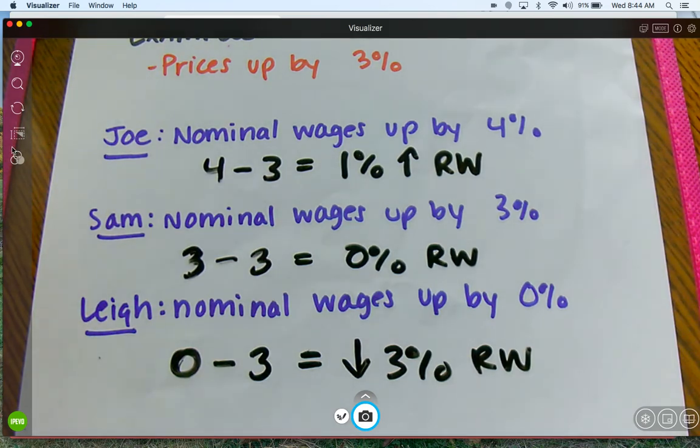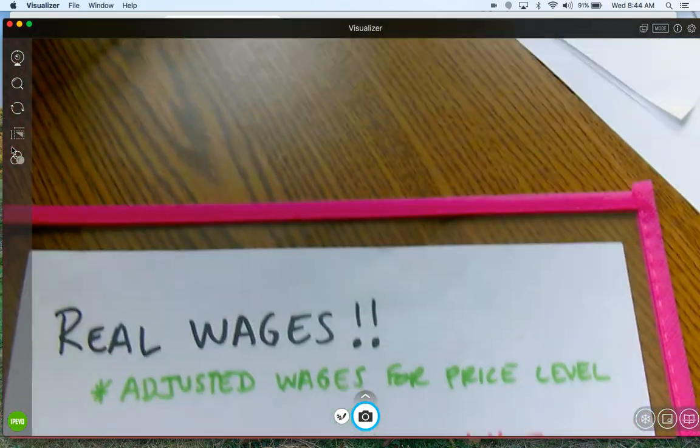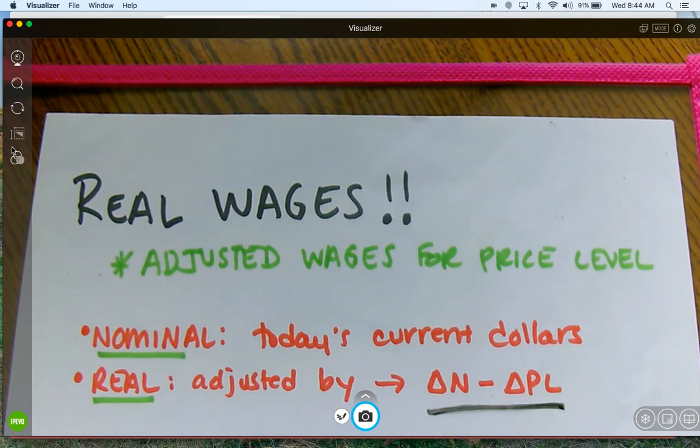So again, when we go back to this concept of real wages, we're talking about what's really going on with my life, really? What's really going on with my pay? Am I earning more money? Or am I just breaking even? Or am I actually experiencing a cut in wages because of that change in price level?